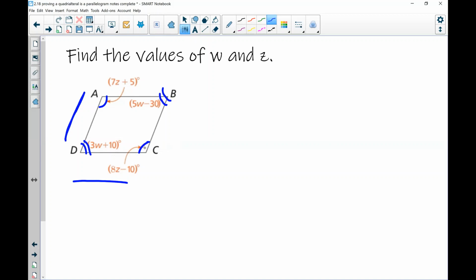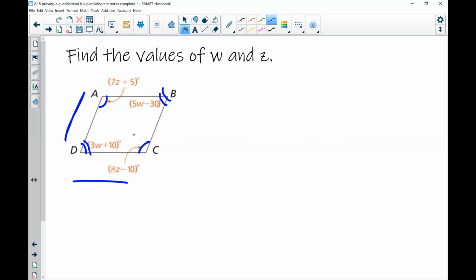What if I instead look at the opposite angles? We'll look at A, it's 7Z plus 5, and look at C, it's 8Z minus 10. Z with Z, that kind of matches a little better. And then how about angles B and D? Well, they're both dealing with the variable W. Okay, so if I'm going to have to prove that this is a parallelogram, take the easy way.